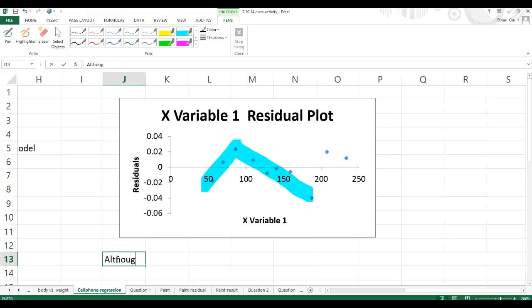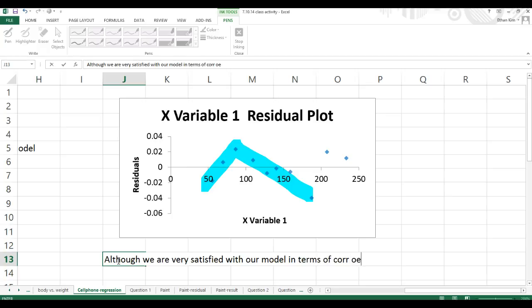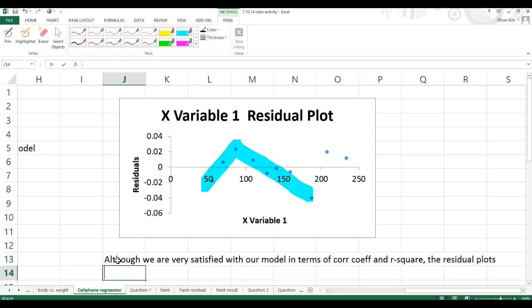Although we are very satisfied with our model in terms of correlation coefficient and r squared, the residual plot seems to have a pattern.